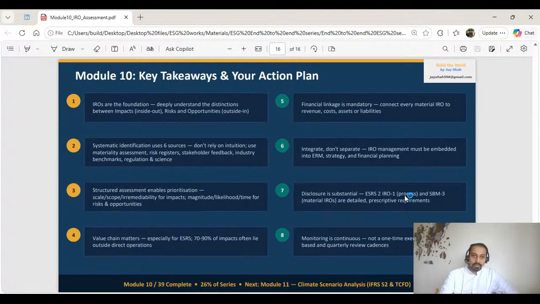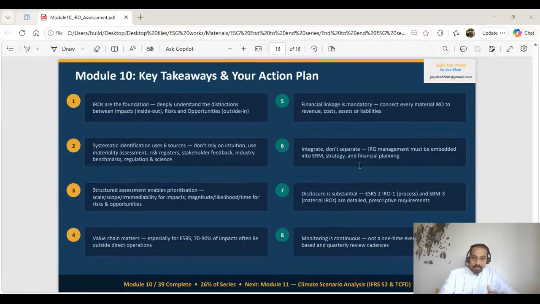So overall, the key takeaways and your action plan we have covered together. Let me crystallize that. One, IROs are the foundation. Two, systematic identification is non-negotiable. Use all six sources. Three, structured assessment enables prioritization. Without structured criteria, scale, scope, irremediability, and likelihood for impacts, it is not worth doing IRO management.